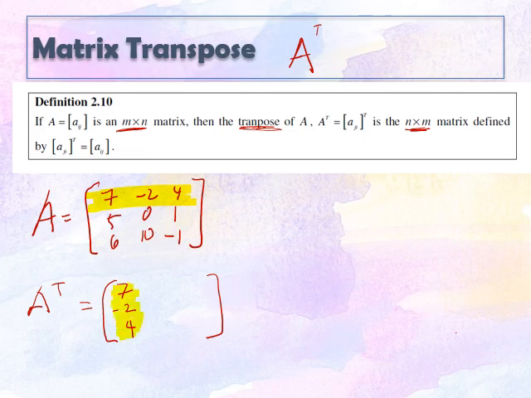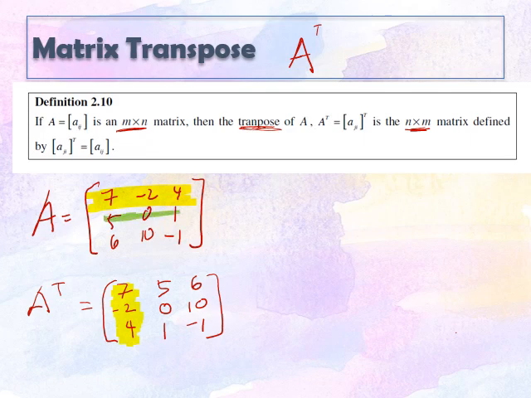You see here. And then 5, 0, 1. The second row becomes the second column, and the third row becomes the third column. That's how you do it.